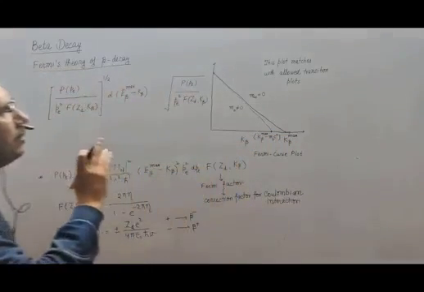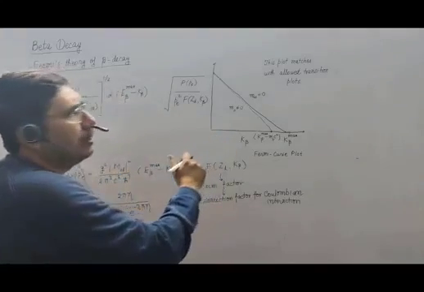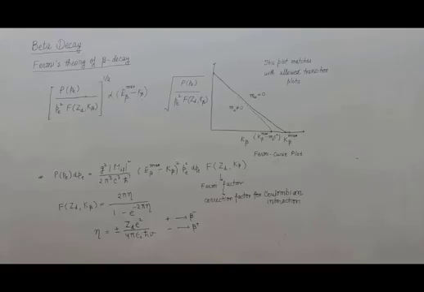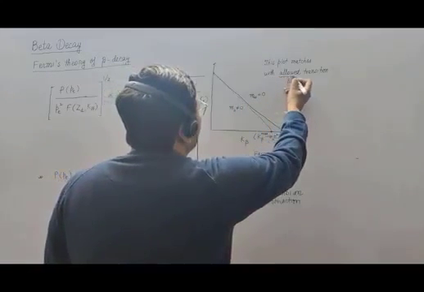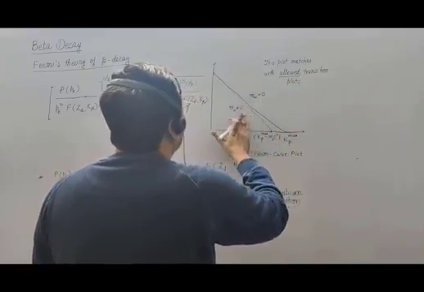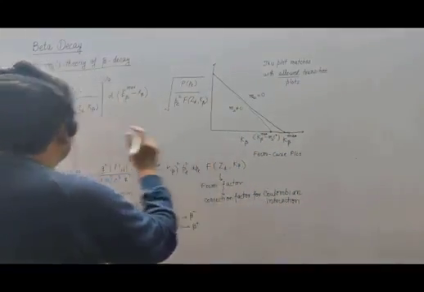However, if we observe this type of plot for forbidden transitions, then in general they are not straight line plots, they deviate from the straight line behavior.